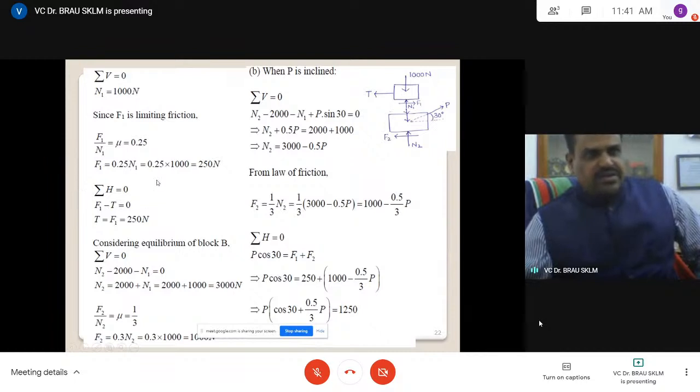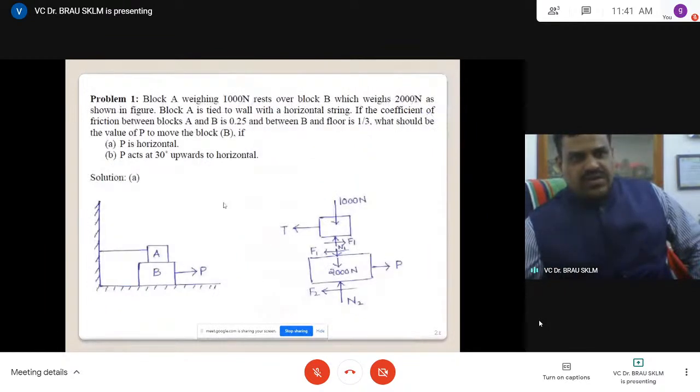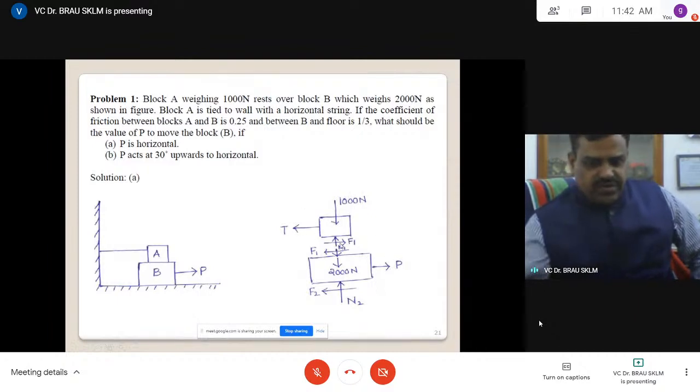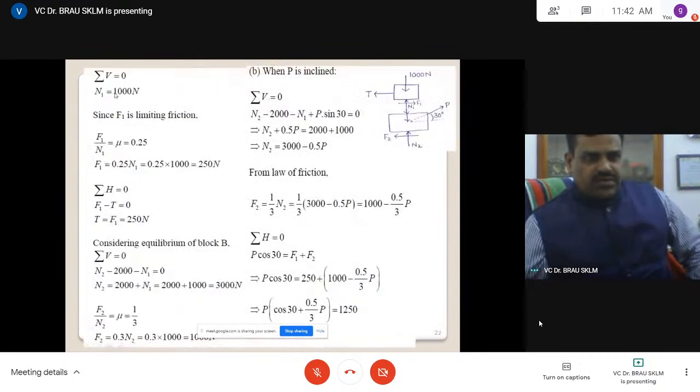First case is horizontal force P. Second case is inclined force applied at 30 degrees, which we are not solving till now. Only the first one we are solving. We determined T as well as N1. This is the T and this is the N.